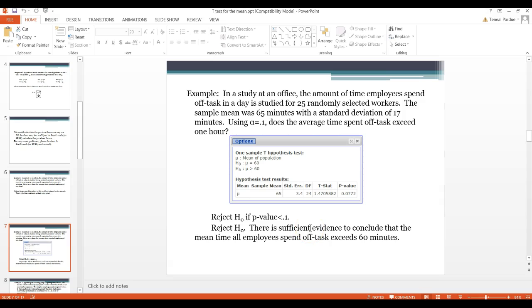It's always going to be reject H naught if p-value is less than alpha. So here, our p-value is less than alpha, so we're going to reject H naught and say that there is sufficient evidence to conclude that mu is greater than 60 minutes. Okay, so that's our first example.